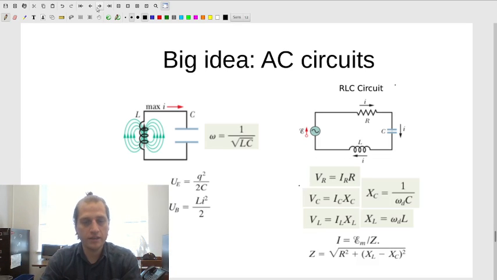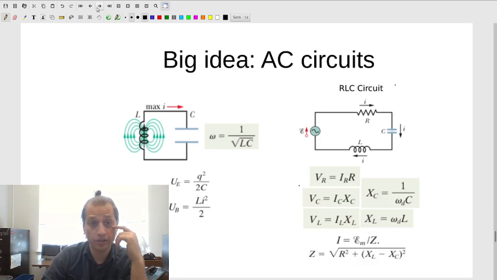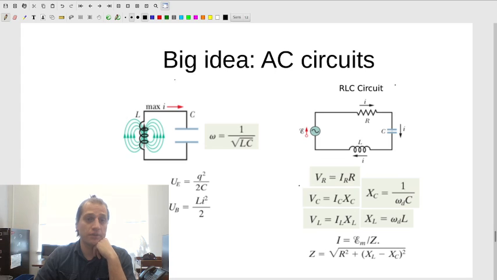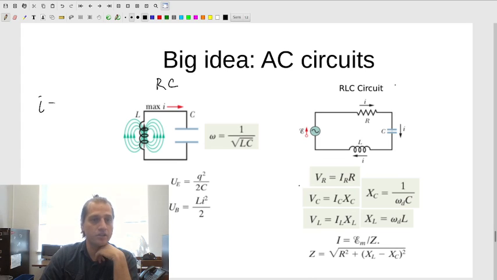Okay, now our last thing that we want to talk a little bit about is our AC circuit. And we talked a lot about the LC circuit, which is just an inductor and a capacitor, and the current goes one way and it goes the other way. So you have a current that's going back and forth with some oscillation, like a cosine omega t.